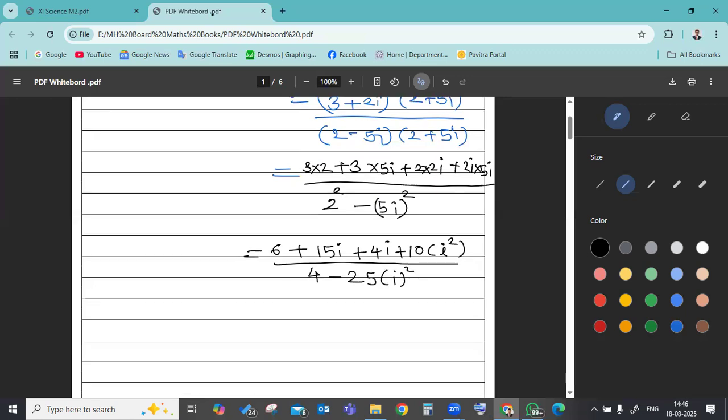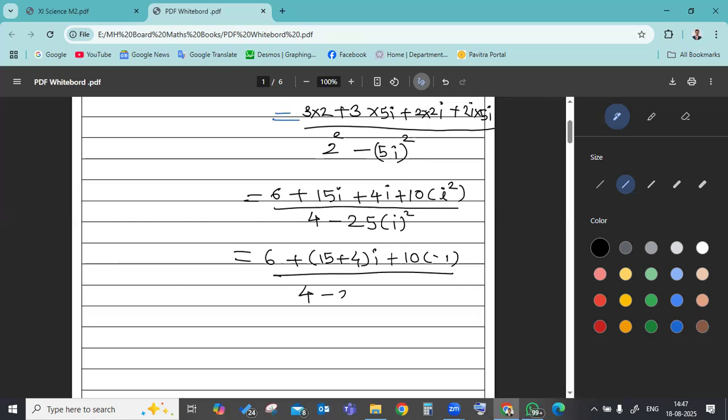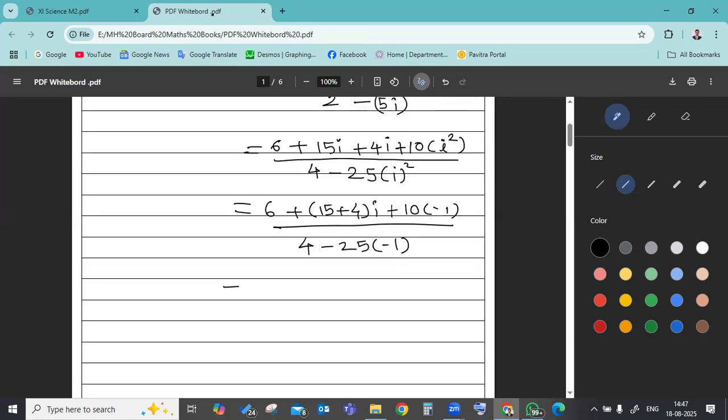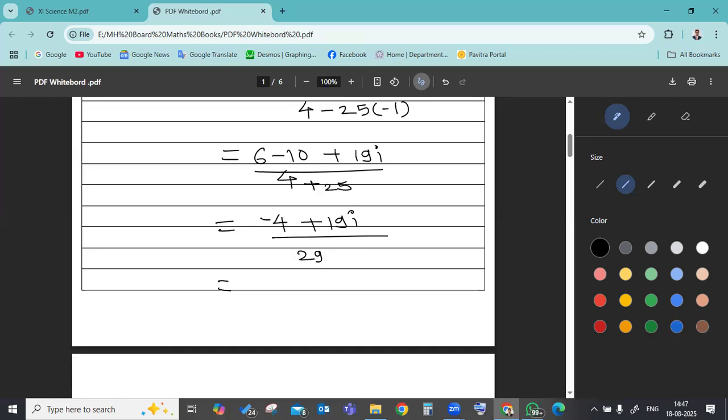So it becomes 6 plus 15i plus 4i minus 10 upon 4 plus 25, which is (6 minus 10 plus 19i) upon 29, that is minus 4 upon 29 plus 19 upon 29 i. Mark this as 1.